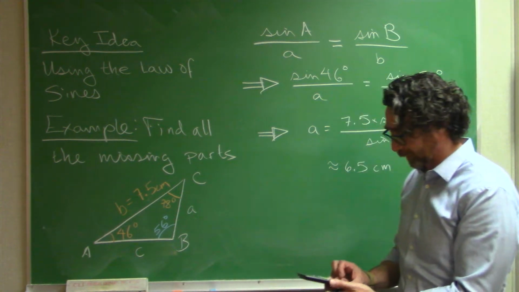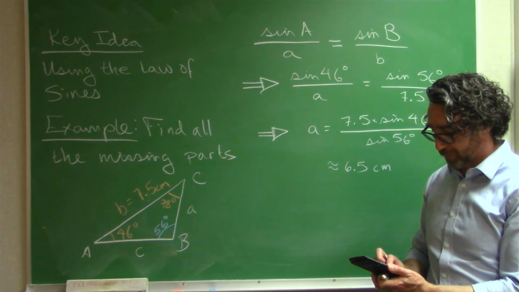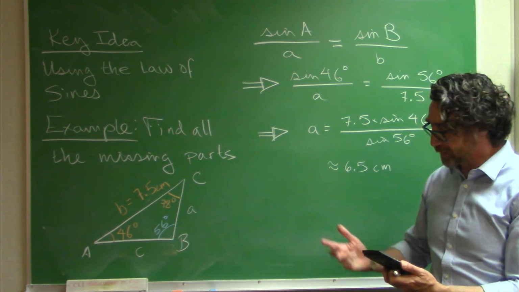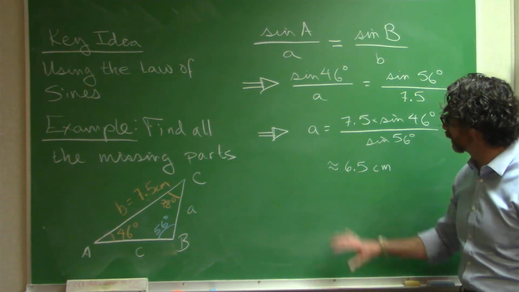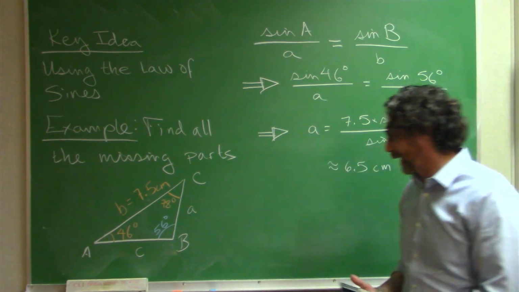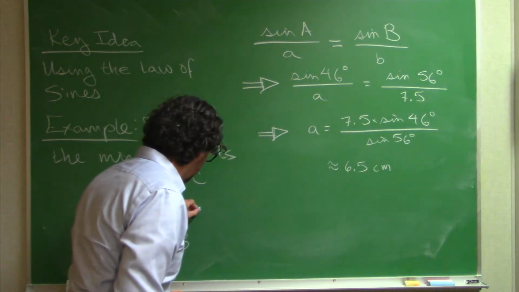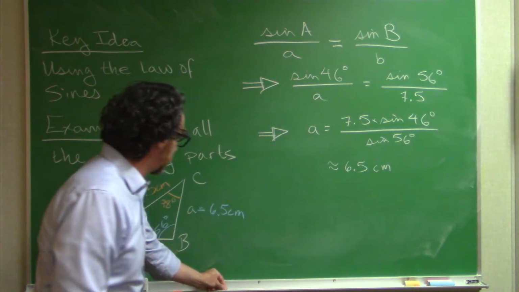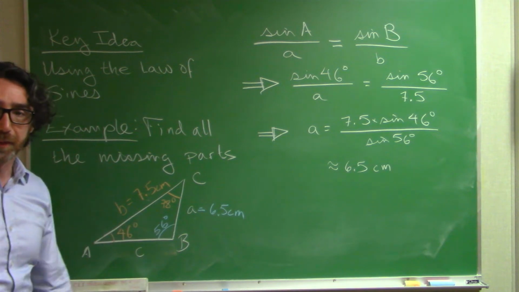Let me just do a quick calculation here. 46 plus 56 plus 78 does equal 180. Okay, great, so we've got the angles right. So now we've got side A. Side A would be 6.5 centimeters.